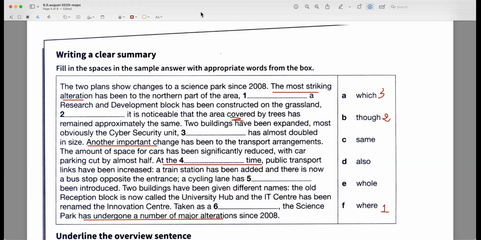Okay, great. Yeah. At the... That's what rates have been used. A train station has been added on the rest now just opposite the entrance. The cycling lanes has also been featured. Two buildings have been given different names.